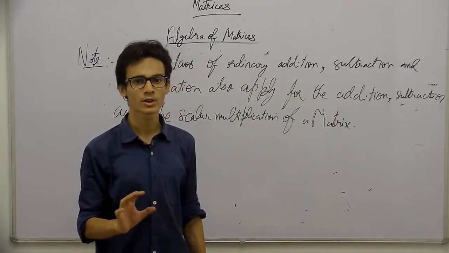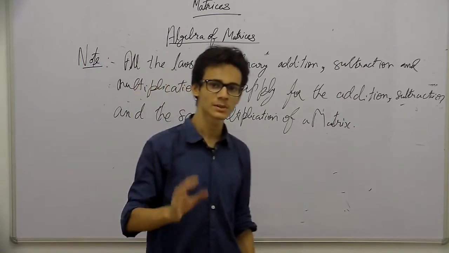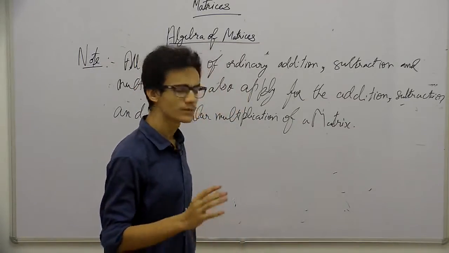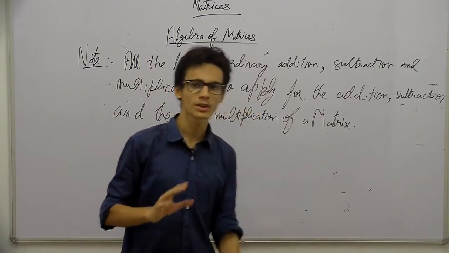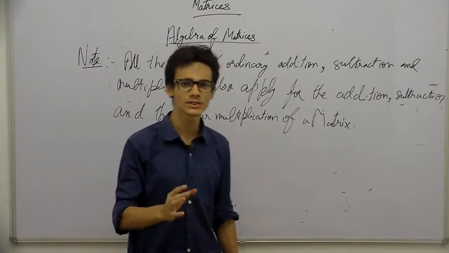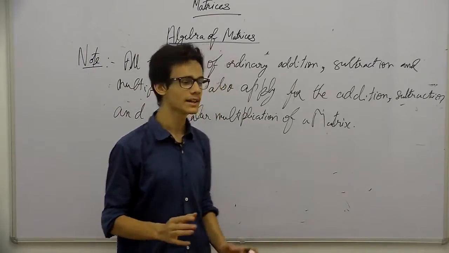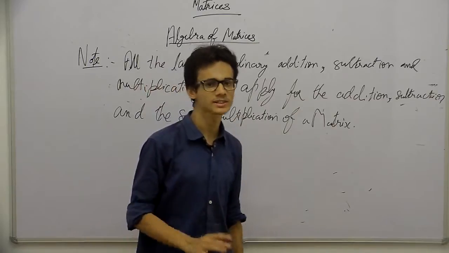We are not talking about the multiplication of a matrix by a matrix; we have not talked about it yet. Right now I am saying that the multiplication laws we have learned also apply for multiplication of a matrix by a scalar.